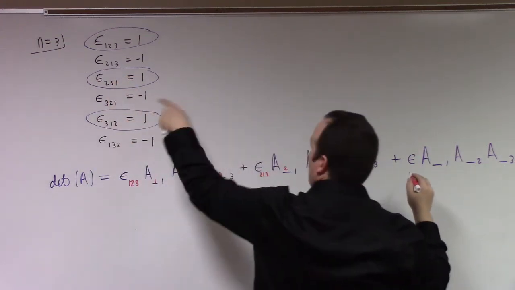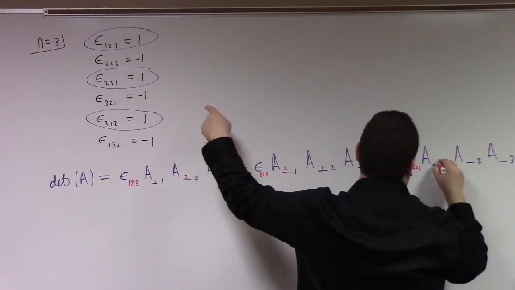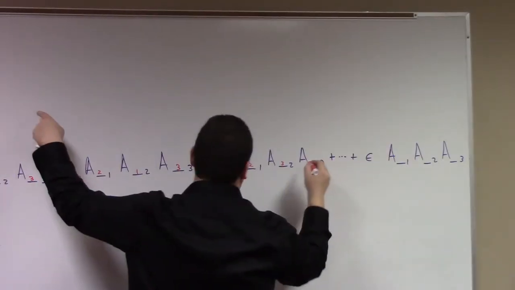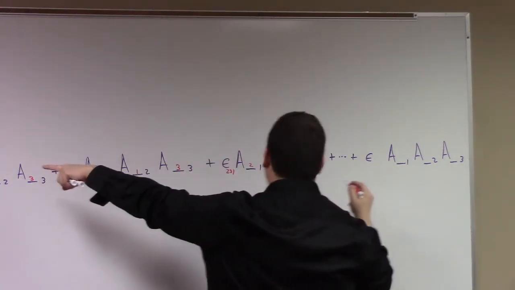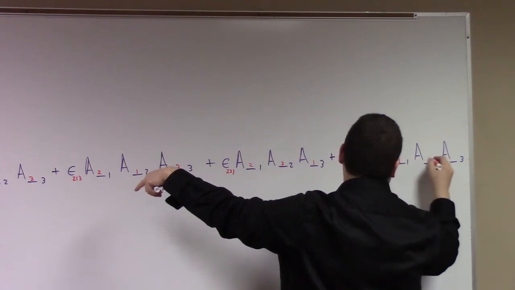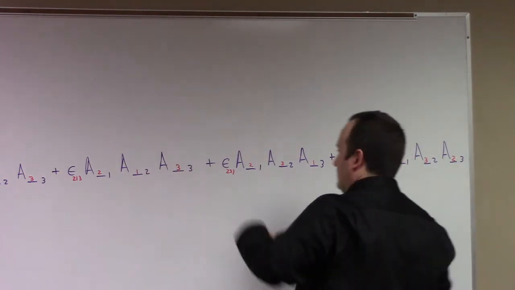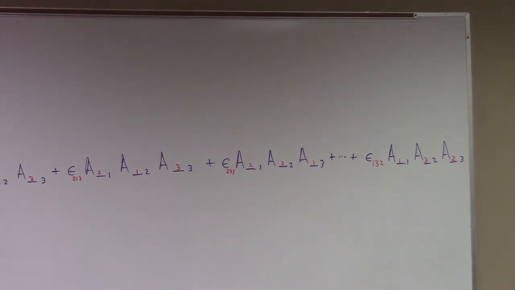And then we've got what? Epsilon 2, 3, 1, 2, 3, 1, and so forth. Tell you what, I'll end with the last one, 1, 3, 2, and 1, 3, 2. Yeah. So anyway, there's 6 terms here, right? 3 pluses, 3 minuses.